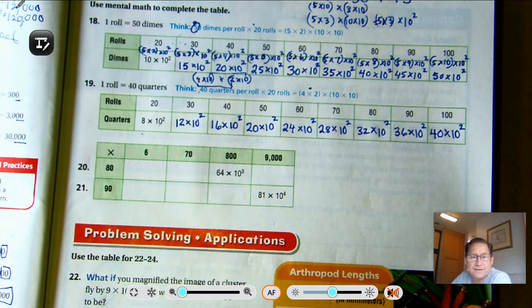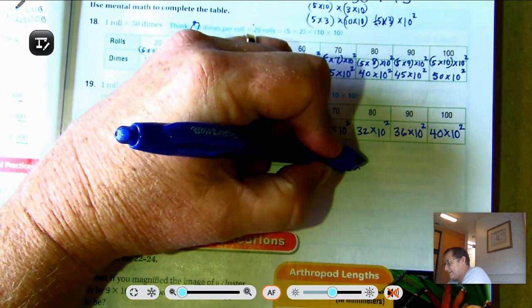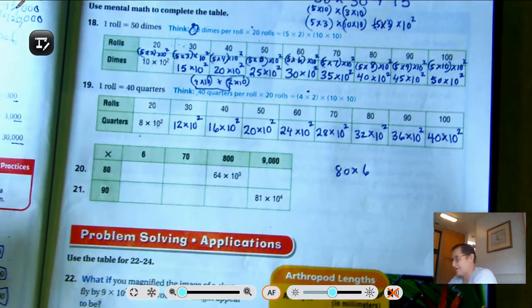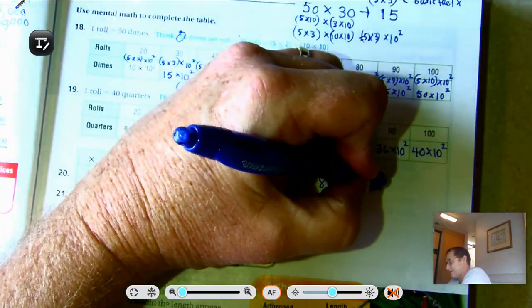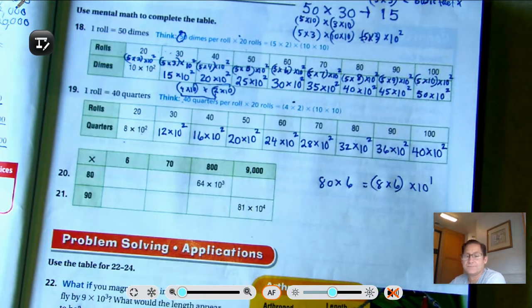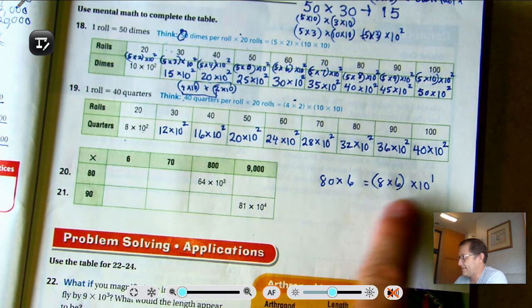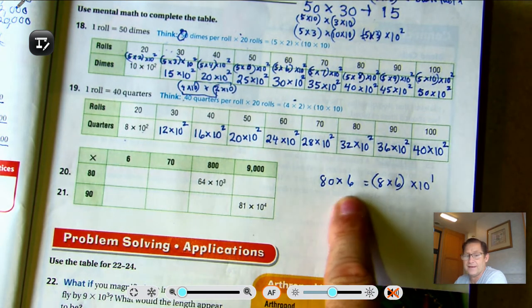So let's look at the pattern in number 20. 80 times 6. Well, I'm going to write that over here. 80 times 6. That's the same thing as saying 8 times 6 times 10 to the first. What did I do? I broke up the 80 and said 8 times 10, right? And 8 times the other factor of 6.